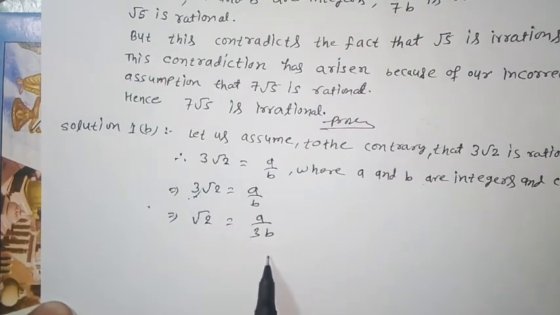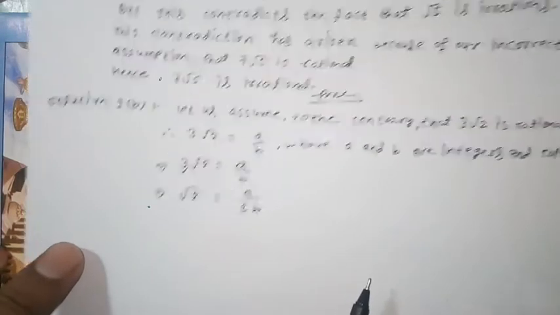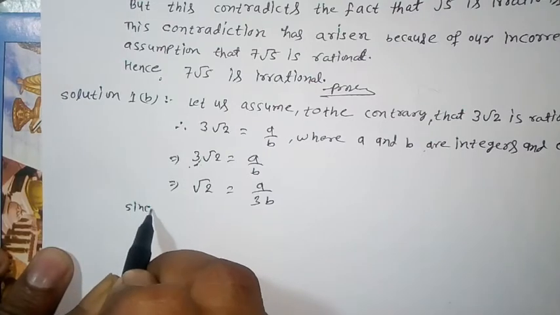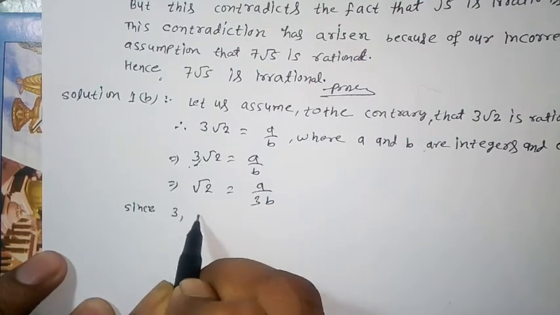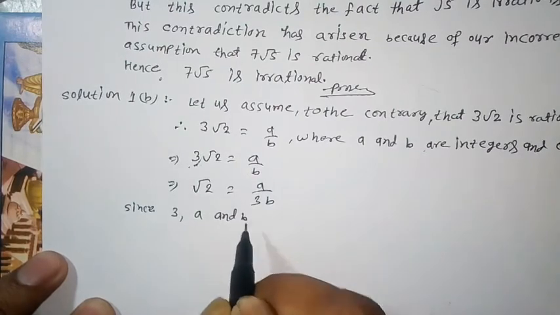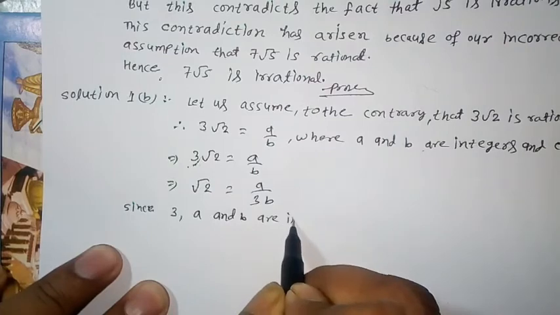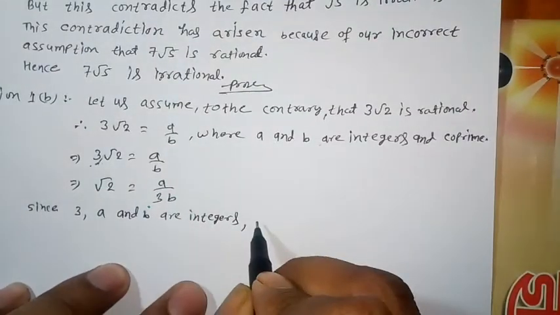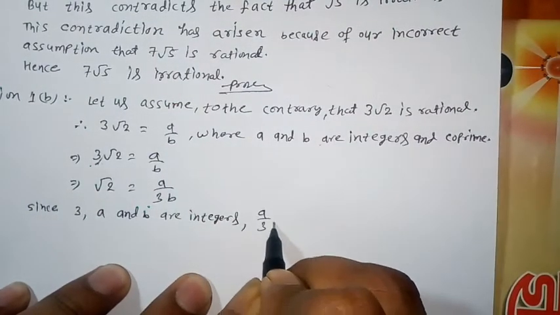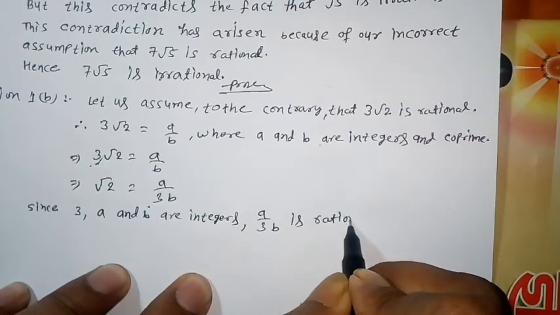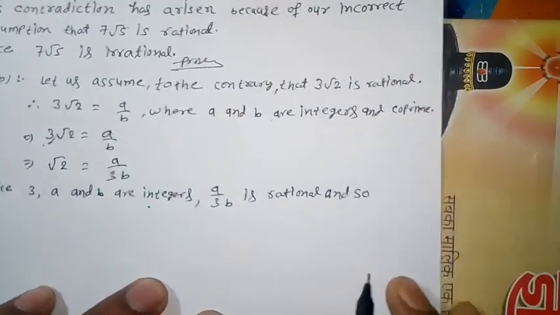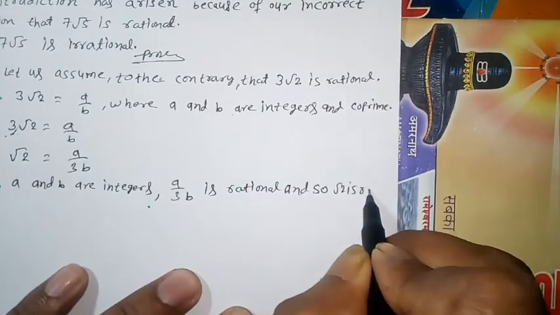Okay, so I write root 2 is equal to a by 3b. Since 3, a and b are integers, therefore a by 3b is rational. And so root 2 is rational.